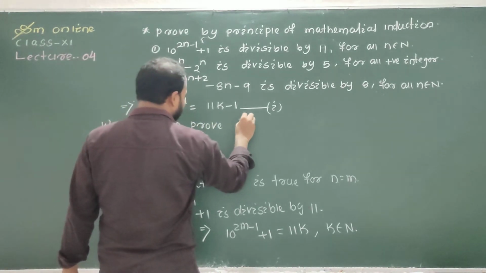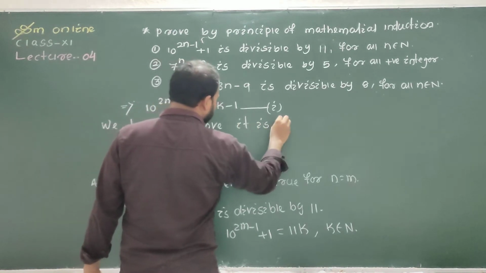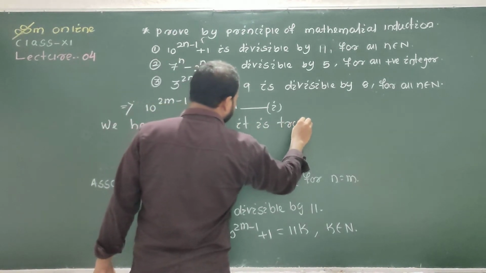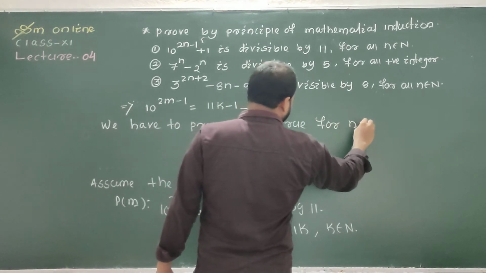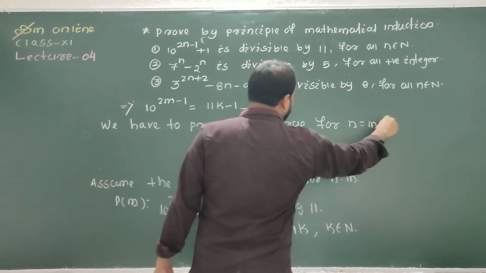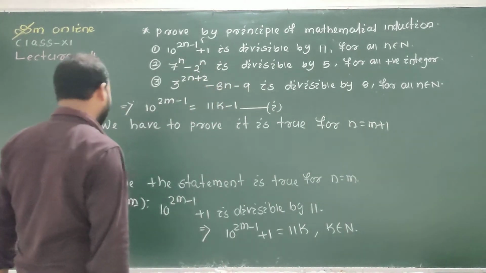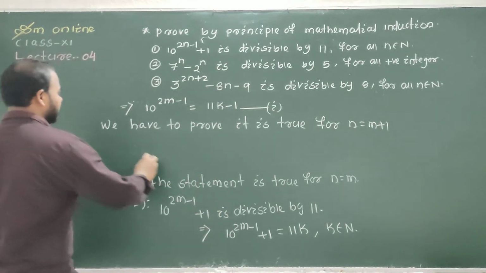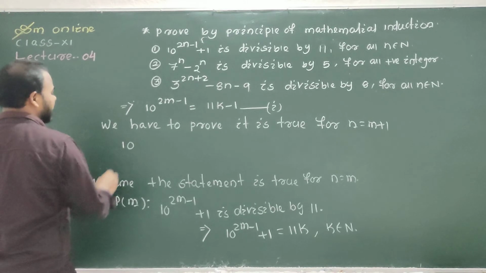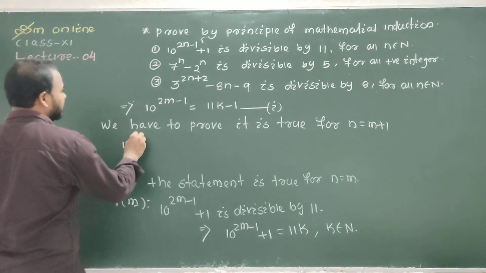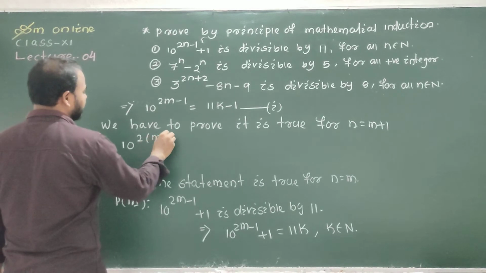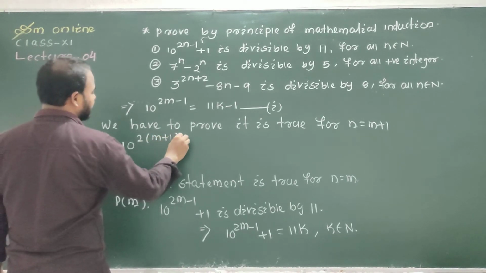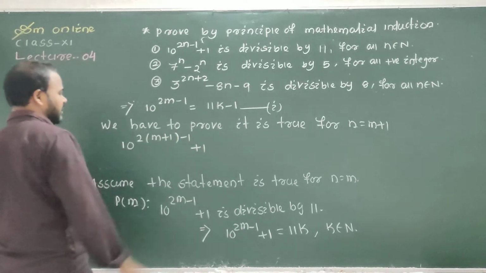For n equal to m plus 1, we have 10 to the power 2 into m plus 1 minus 1 plus 1.